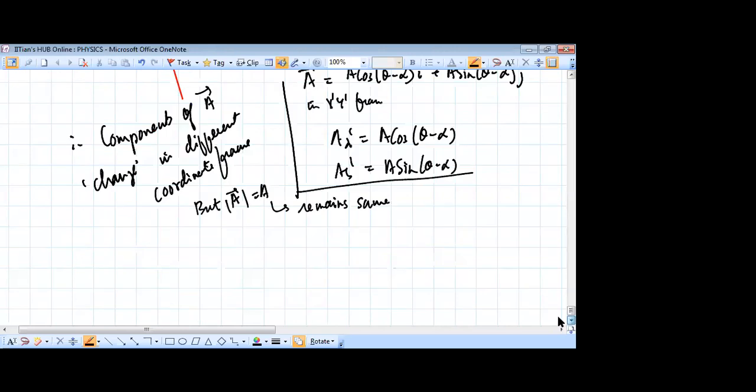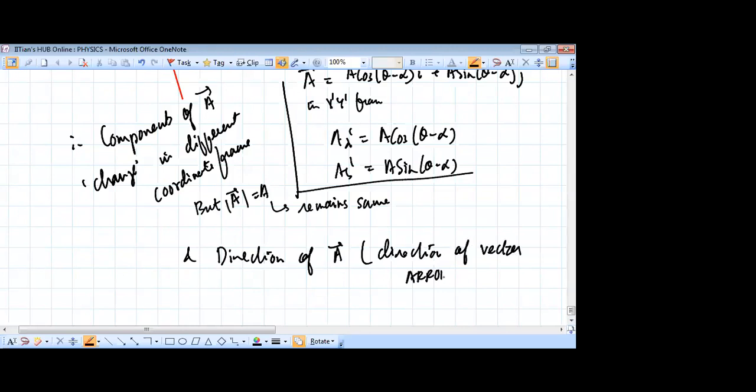Also, the direction of E remains the same. The direction of the vector arrow remains same. But it is only the way we have expressed the components that have changed.